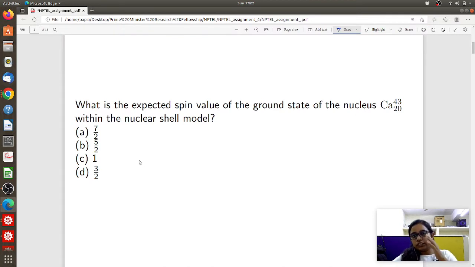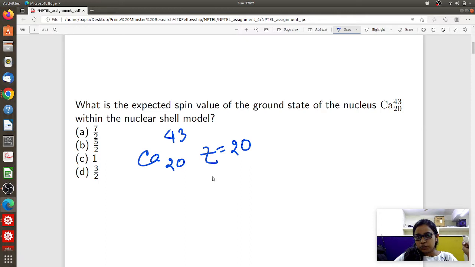So the question was, for calcium 43, what is the expected spin value for the ground state? I'm telling it very briefly because it's already been done many times before. Here Z equals 20 and N equals 23, which is 43 minus 20.